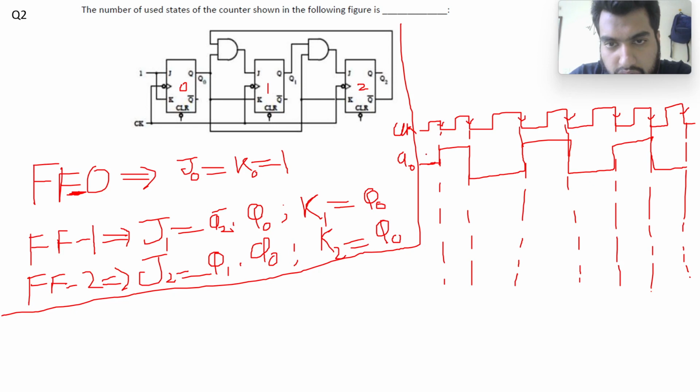So this was 0, this is 1, this was 0, this is 1, this was 0, this is 1, again 0. Now Q1 will start from 0.